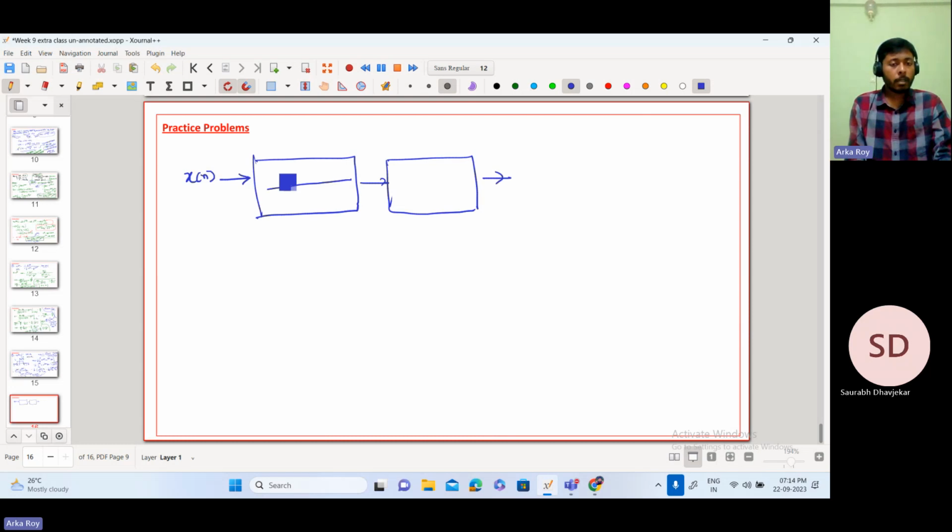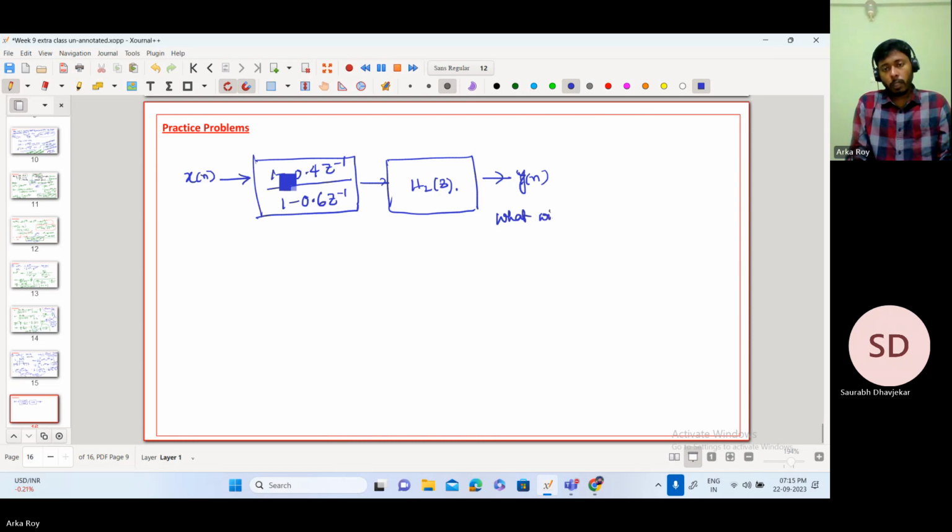One is having the form 1 minus 0.4 Z inverse over 1 minus 0.6 Z inverse, and the second one is H2 of Z, and the output is y[n].